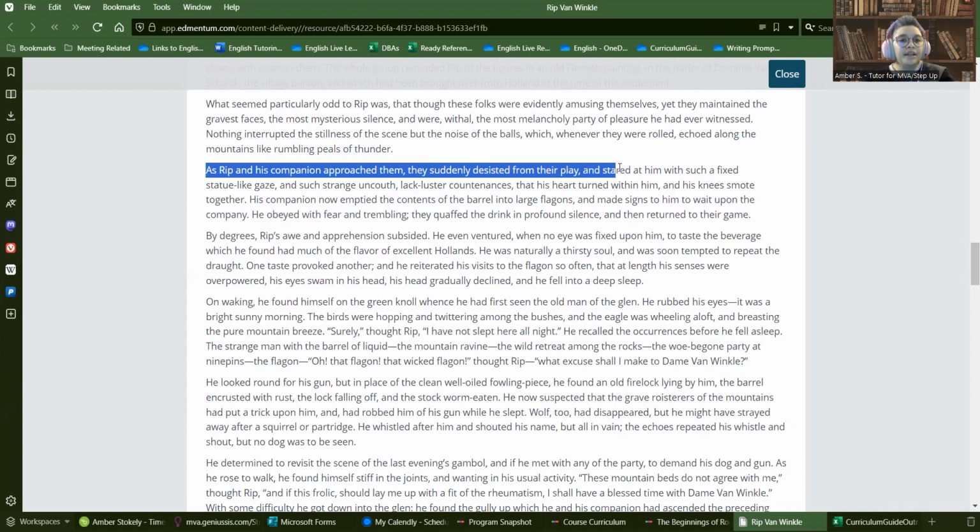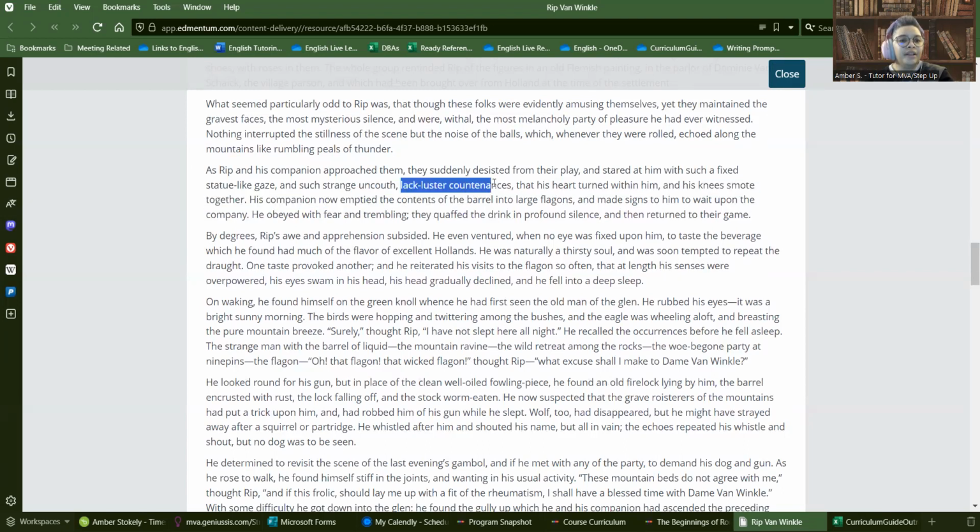So they stopped playing and stared at him with such a fixed statue-like gaze and strange, uncouth, lackluster countenances. So uncouth just means uncivilized, so not polite, without etiquette. And then lackluster countenance. Lackluster means not exciting, boring.